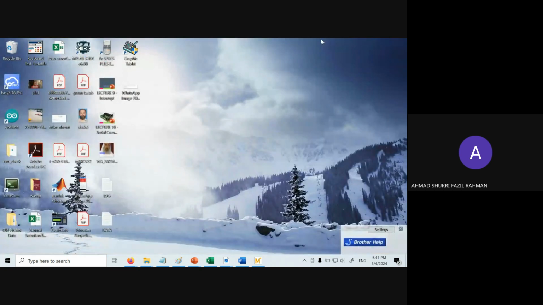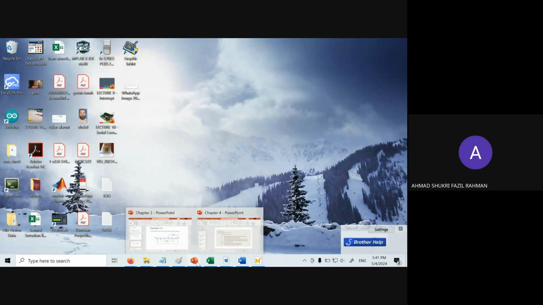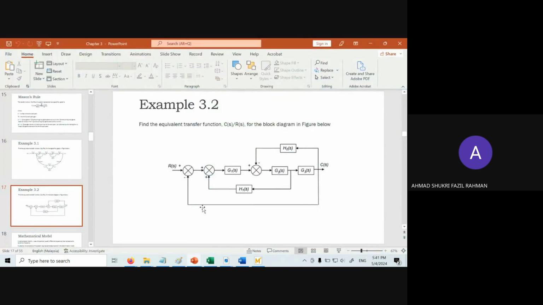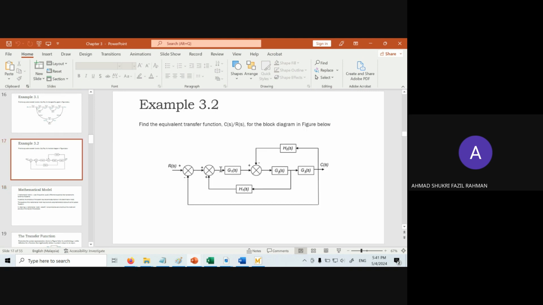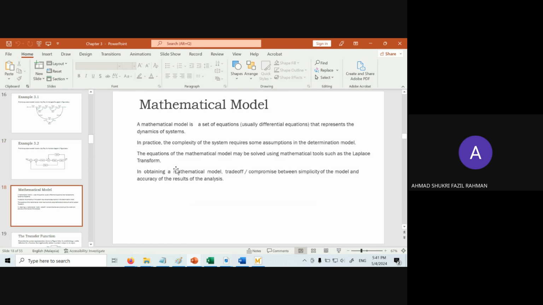So ada lagi soalan? Harap menjawab soalan. So we move on, we continue this one. I think you better try first, and if you have any problem, maybe after Raya break we can look back. So your test would be up to here, up to Mason's rule.